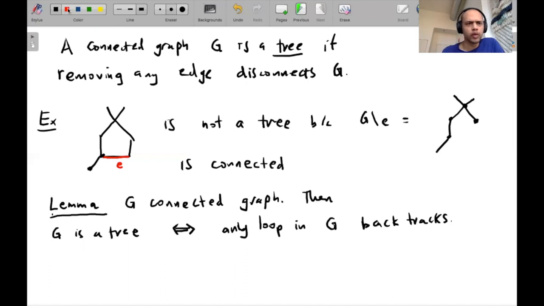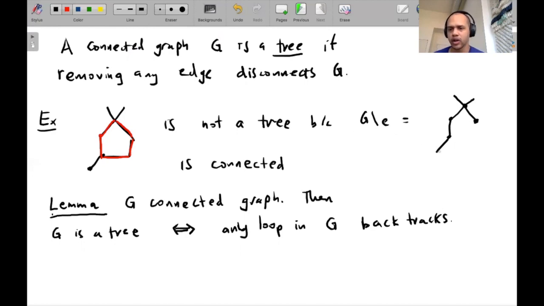let me work in this example. This graph is not a tree, which according to the lemma means there should be some non-backtracking loop. And that's what I'm drawing here. So this union of edges gives a loop, which doesn't backtrack. On the other hand, a loop is a sequence of edges which starts at some vertex and then comes back to that same vertex.